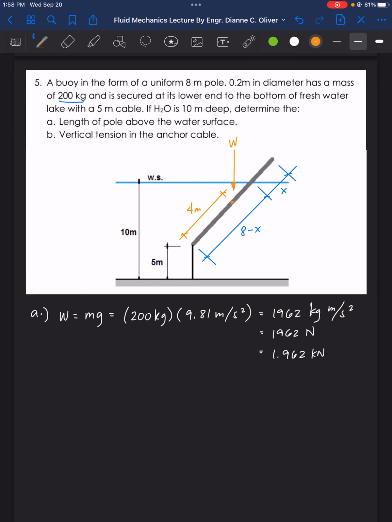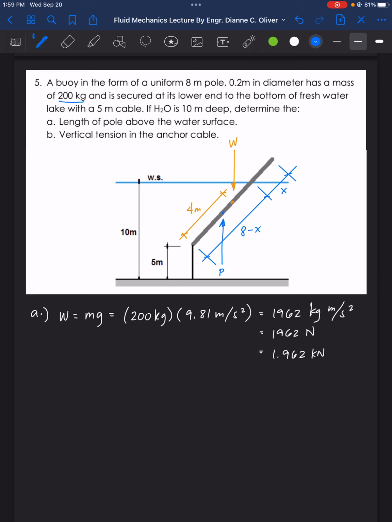Okay, and how about the buoyancy? So buoyancy, the BF, is located at the center of the submerged part of the pole. So that would mean buoyancy is around here, and it's projecting upward.